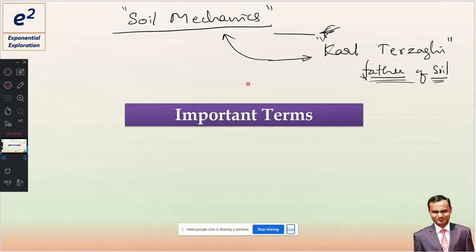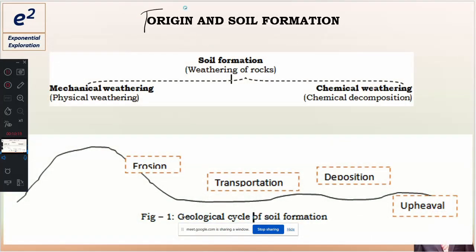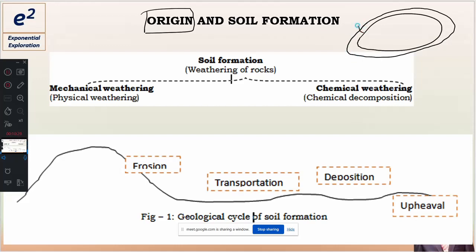Right? Now we will study the origin of soil, how soil originates, how it is developed on the earth. The topmost layer of the earth is made up of what? It is called the crust, and the crust has a lot of rock material, and it has soil material. Then how is this soil formed?